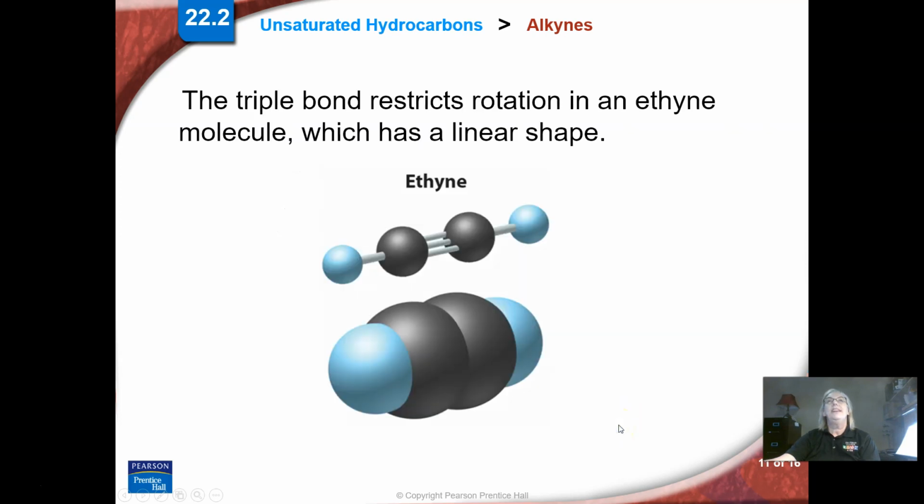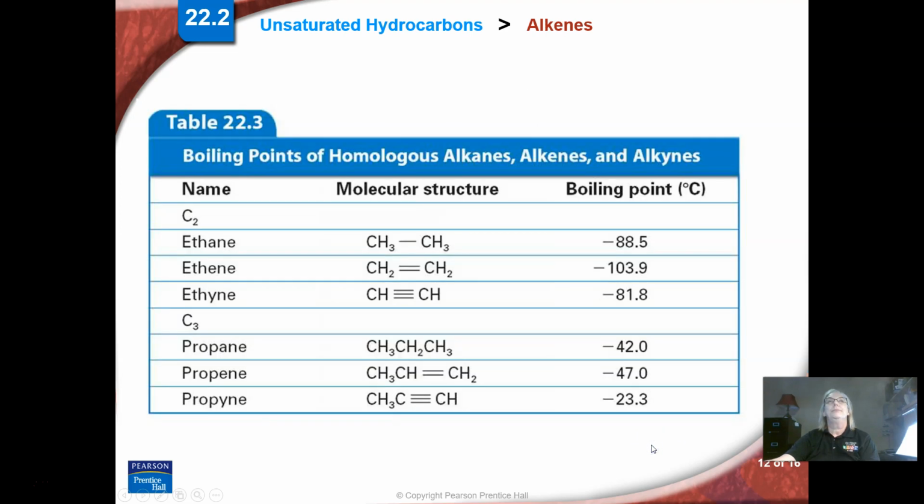So here's an ethyne. It's a nice straight line because of that triple bond right there. Very, very rigid, very strong bond right there. There's no rotation. And here's some examples of ethane versus ethene versus ethyne. What can change in the boiling point based on their structure.